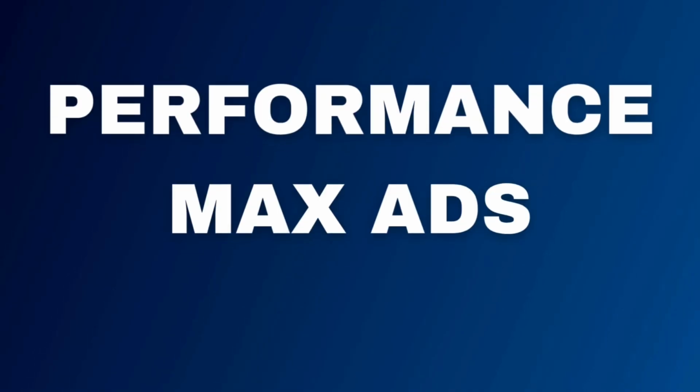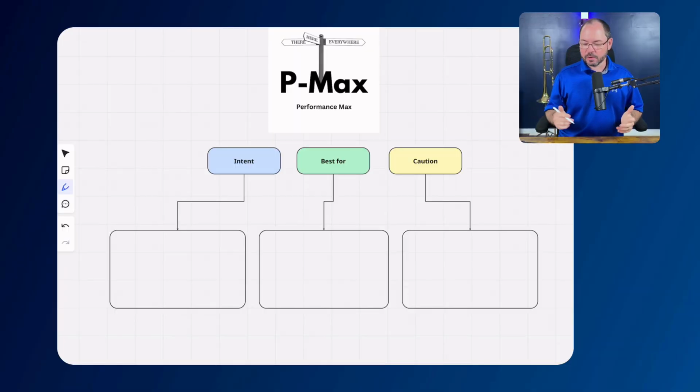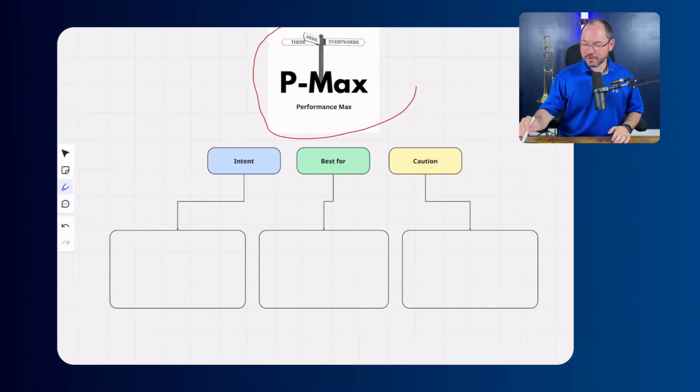Which brings us to our third type of ad campaign, which is the PMAX campaign, otherwise known as Performance Max. Now, this is a new way to present ads on Google and really all over the place that a lot of people are trying to push people towards, because it's more behavior-based mixed with search-based to really get all around everybody to click on your ads, right? So you're going to show up here, there, and everywhere.